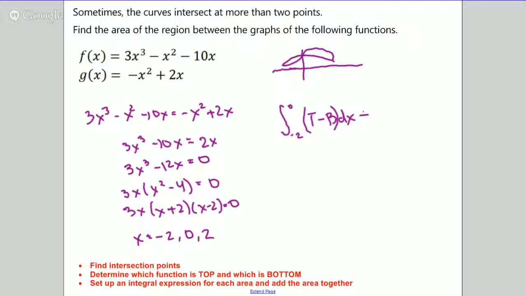And then I want to add the second area, and that one's going to go from 0 to +2 of top minus bottom dx. Okay, so let's figure out the top and bottom in each piece.